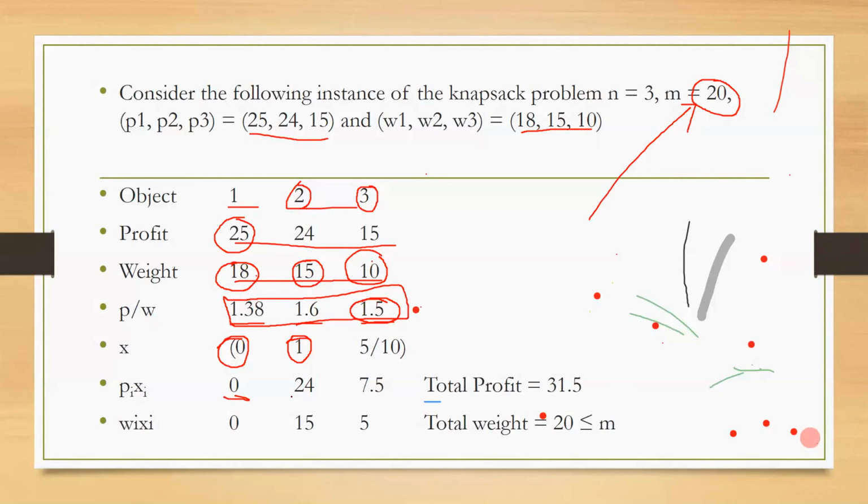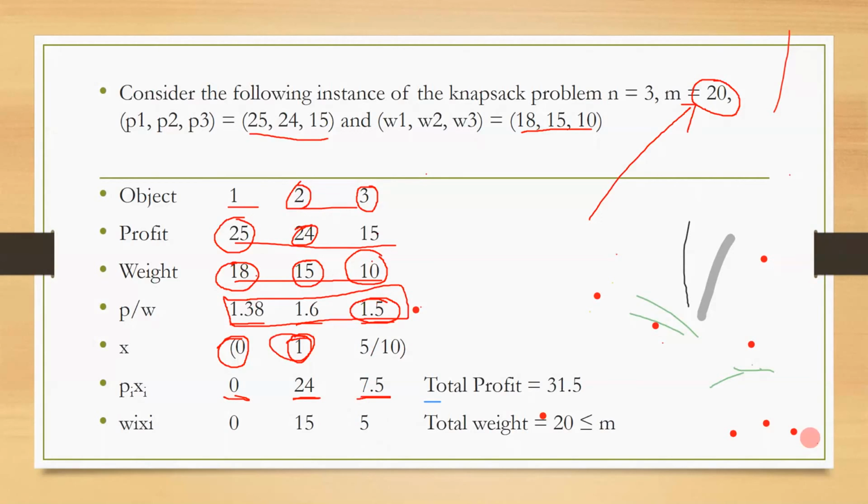Next, the second one: the profit is 24, and xi is 1, so 24 into 1 is 24. The profit is 24. Next, Pi into xi for the third object.